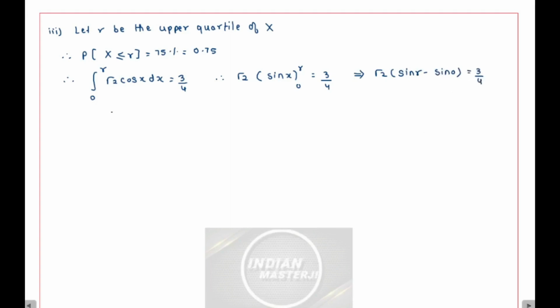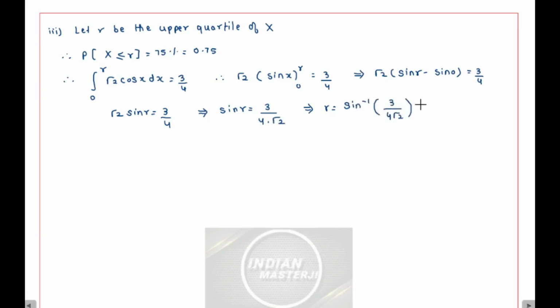Sin 0 is 0, so what do I get? I get this as root 2 sin R is equal to 3/4. So that means sin R is equal to 3/4 root 2. Correct? So this means that R is equal to sine inverse of 3/4 root 2.